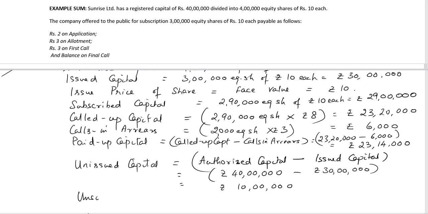Unsubscribed capital is equal to the issued capital minus subscribed capital.